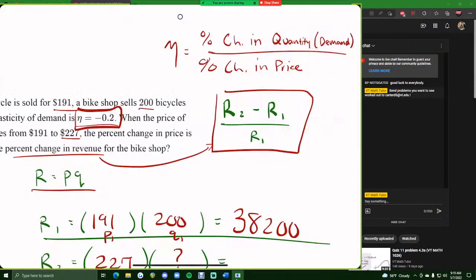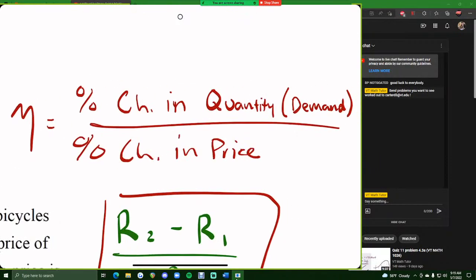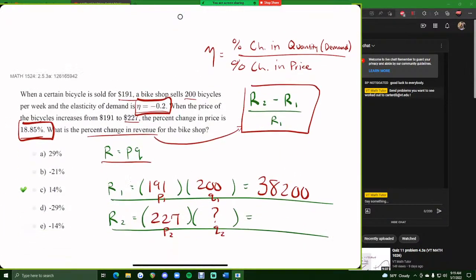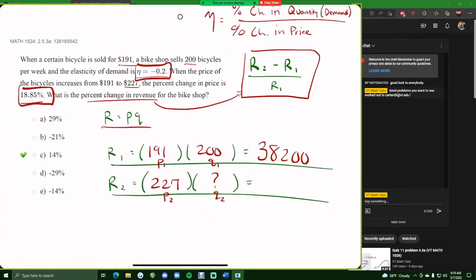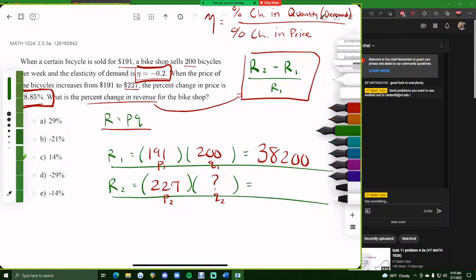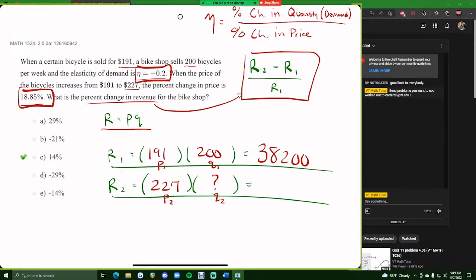into this equation. And so this is our big elasticity equation. I recommend knowing this going into the final. Plugging in negative 0.2 for our elasticity, we want to find percent change in quantity. And then the percent change in price in the denominator here is given to us as 18.85%. So I will represent that as a decimal, 0.1885.